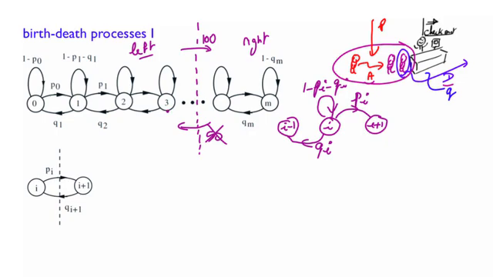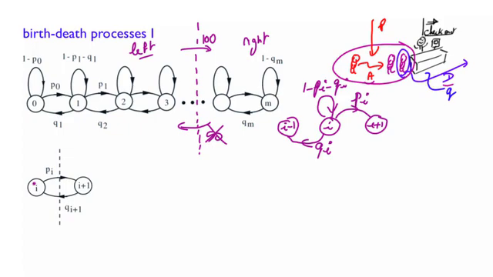So the long-term frequency with which transitions of this kind occur has to be the same as the long-term frequency with which transitions of that kind occur. Or, in this diagram, the frequency of that kind has to be the same as the frequency of that kind. So what are these frequencies? We discussed that before.